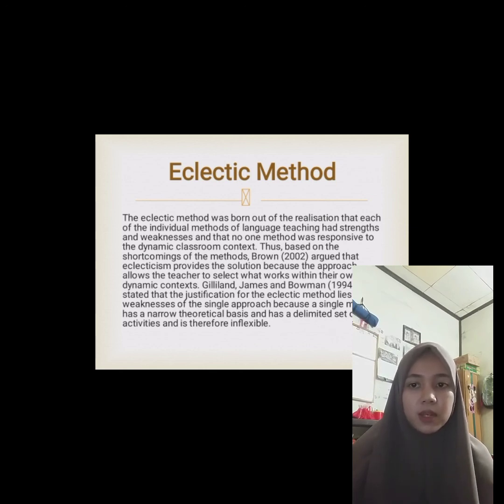Chilliland, James and Bowman 1994 stated that the justification for the eclectic method lies in the weaknesses of the single approach, because a single method has a narrow theoretical basis and has a delimited set of activities and is therefore inflexible.